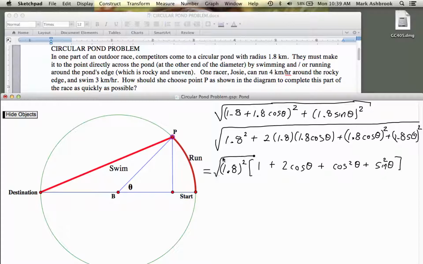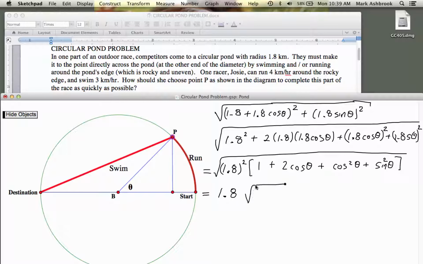Again, all under the radical. Because these are multiplied, I can apply the square root of the first times the square root of the second. You cannot do that when you're adding and subtracting terms under a radical. But since these are multiplied, the square root of a product is the product of the square roots. So the square root of 1.8 squared is simply 1.8.